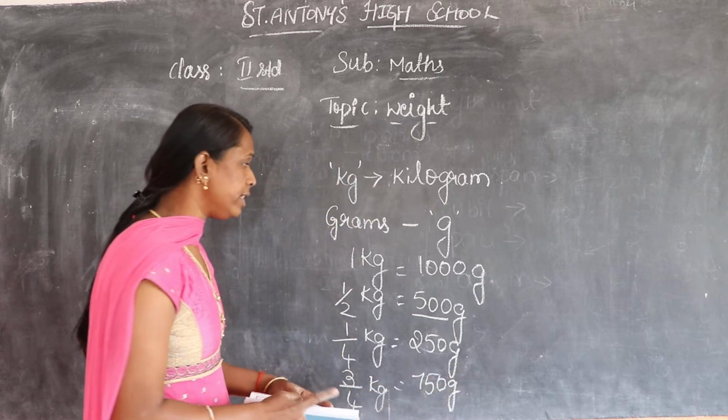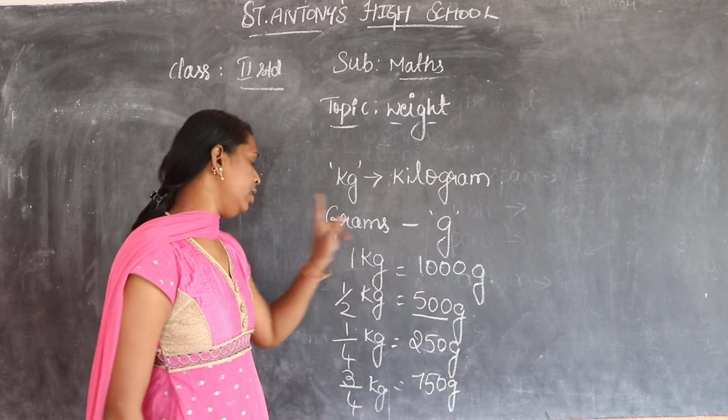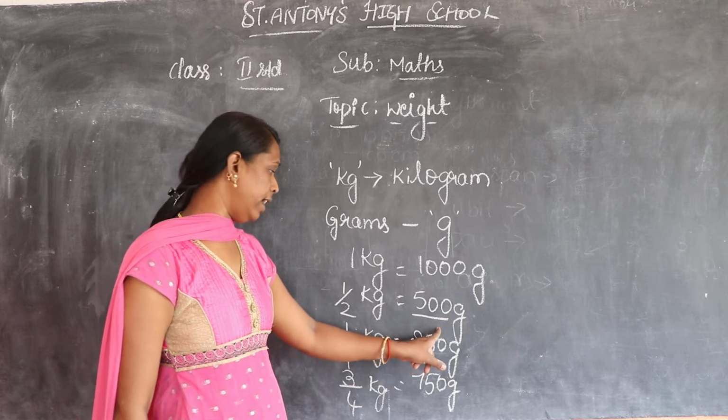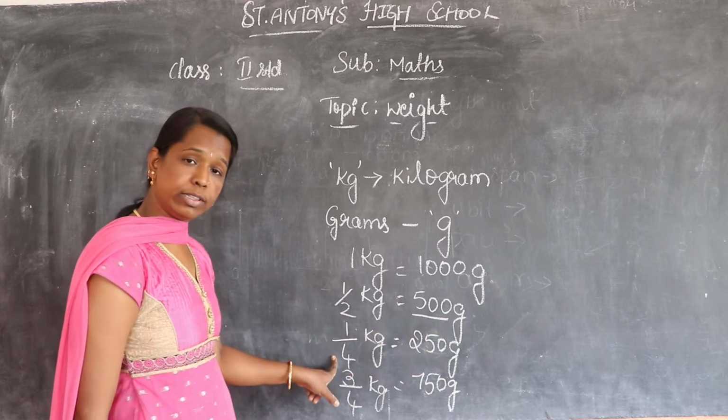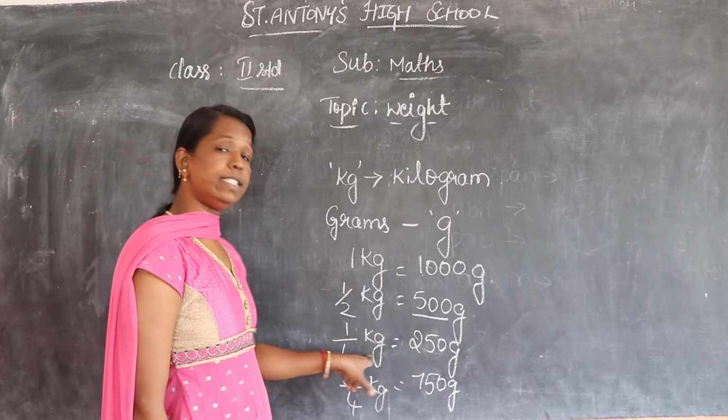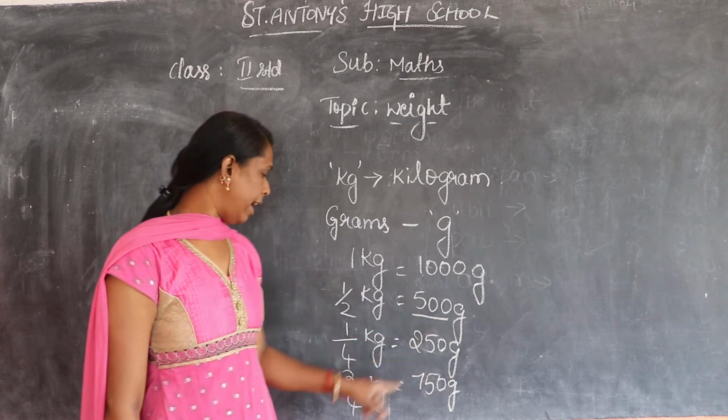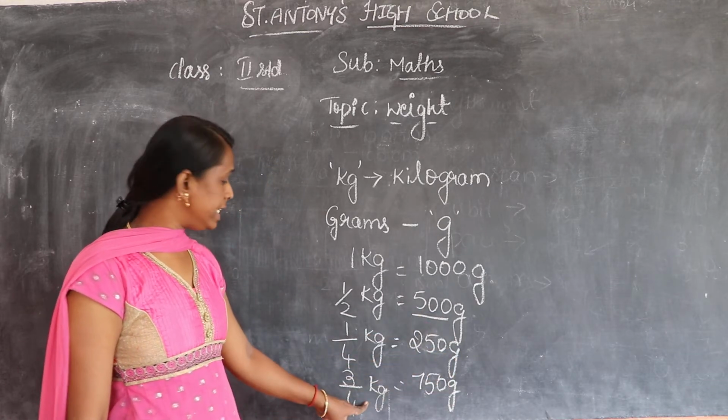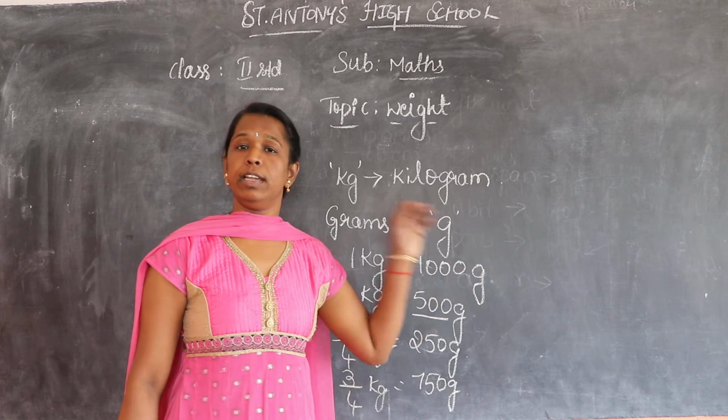Okay, 1 kg is equal to 1000 grams, half kg is equal to 500 gram, quarter kg is equal to 250 gram, 3 by 4 kg is equal to 750 gram.